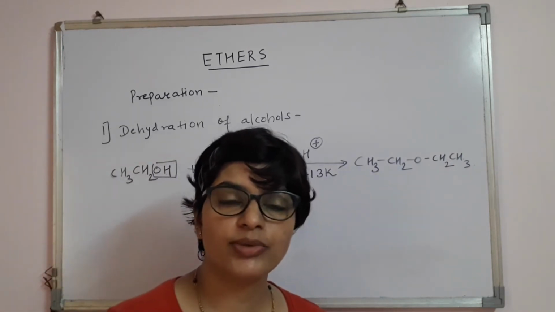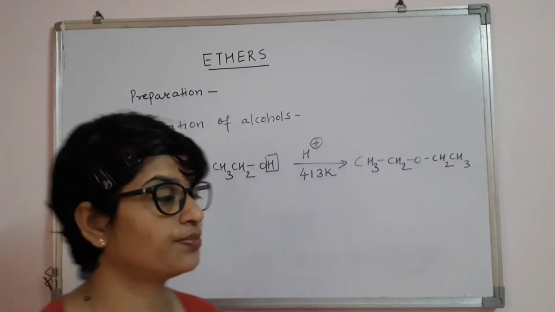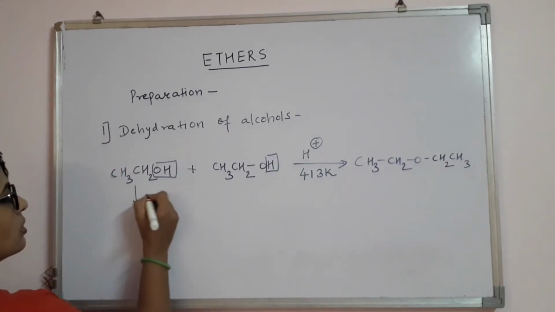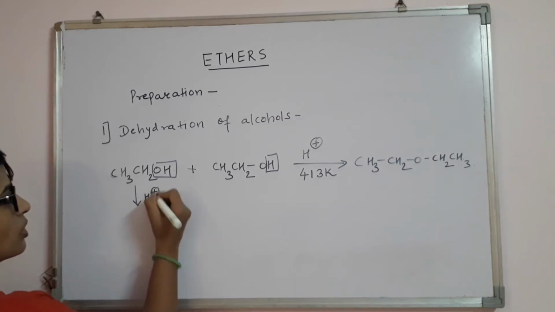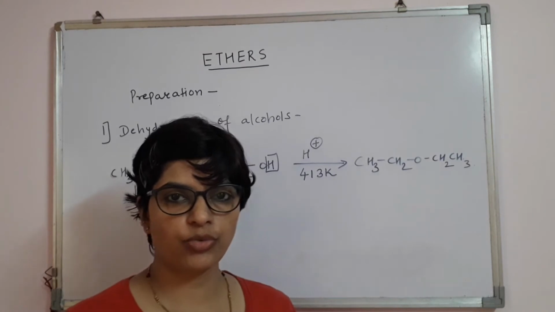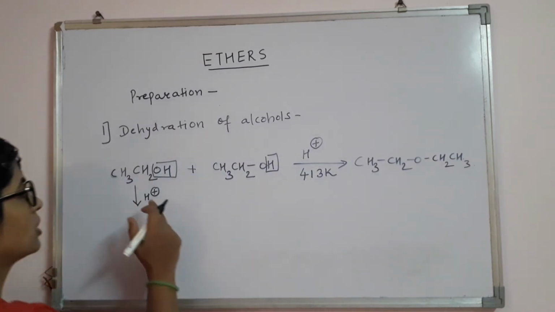Now the mechanism will be asked in your exam for 2 marks. Let us understand the mechanism now. In the first step, the concentrated H2SO4 will be added. The job of the acid is to give protons. So the alcohol will get protonated.